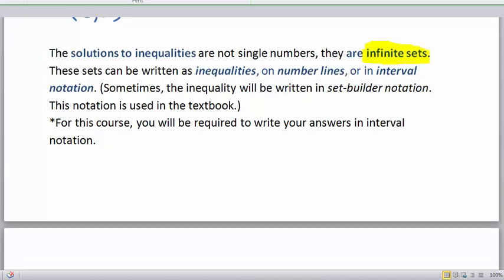Now, set builder notation is something that you might see in our textbook. And I mean, it's very similar to the interval notation. What they'll usually write is, if that solution was x is greater than 6, they would just write it like this. They'd write a little set brace here. They'd write an x and then a vertical line.